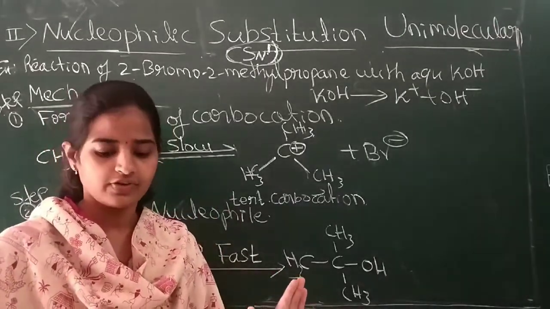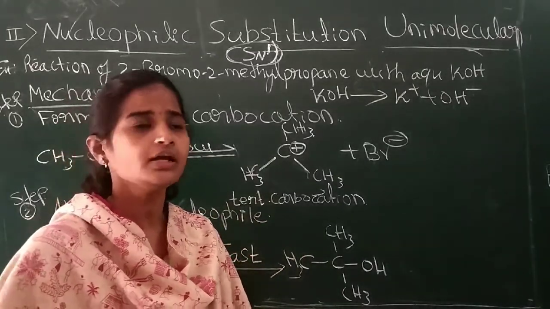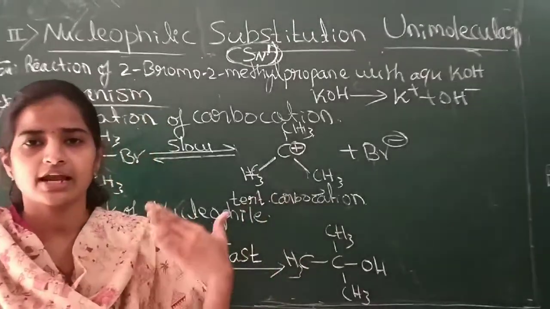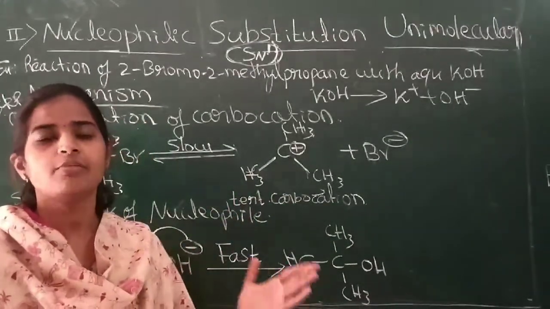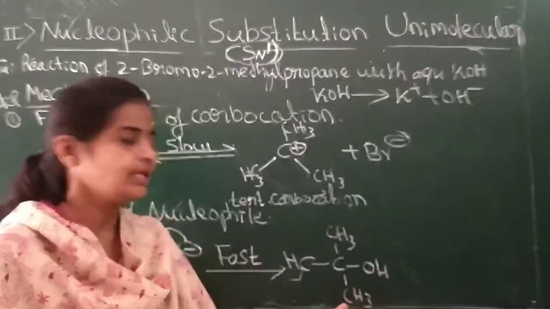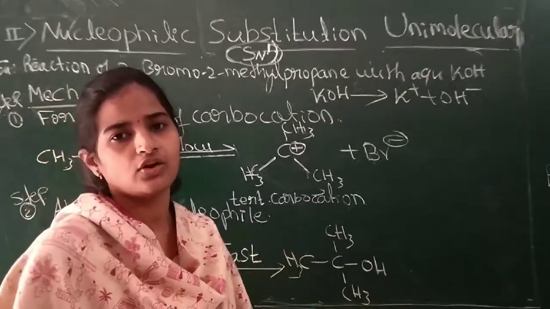Now, retention of configuration means there is no change in the configuration. Got it? Okay. Then in the SN1 mechanism, some of the molecules can undergo retention of configuration, some of the molecules can undergo inversion of configuration. Hence, at the end, there will be a mixture of both inverted and retained configurations.